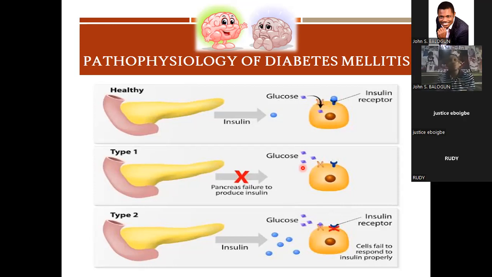Remember, the normal plasma osmolality is between 285 and 295. But now in the hyperosmolar state, you can get as high as 320. So even greater.